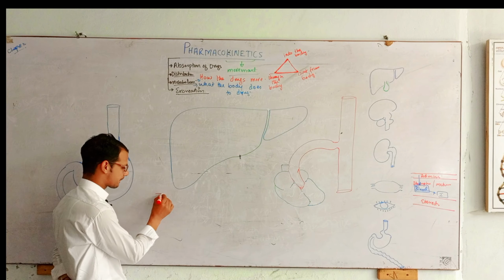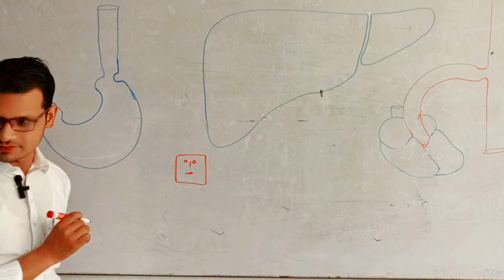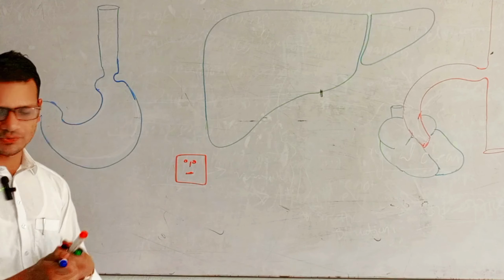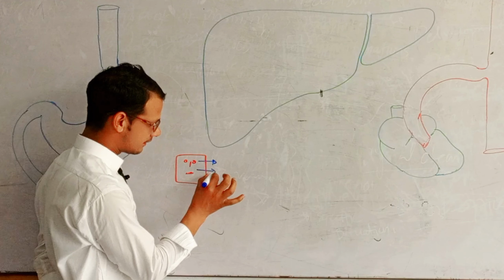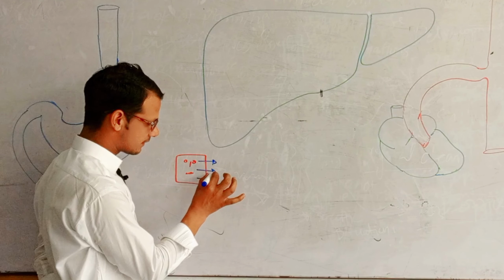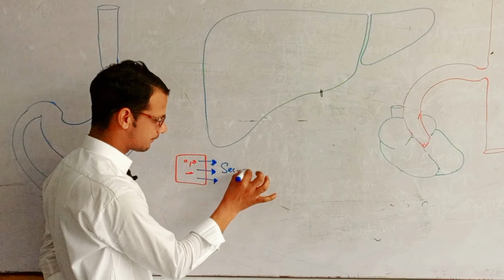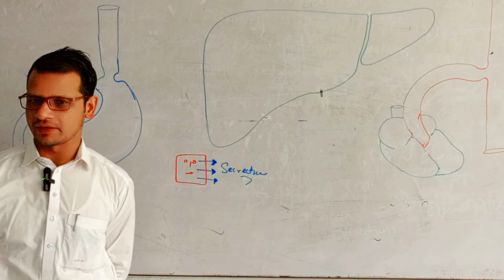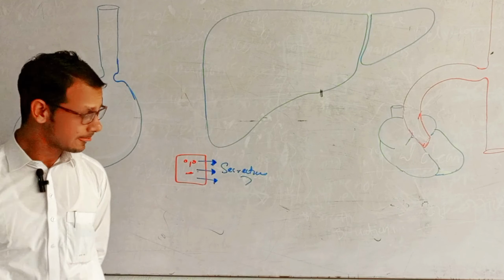For example, this is a cell, right? This is a cell, and some hormones or some other chemical substances are produced by this cell, and this is called secretion. These hormones are secreted from, for example, adrenal gland secretes, thyroid gland secretes T3, T4, right?